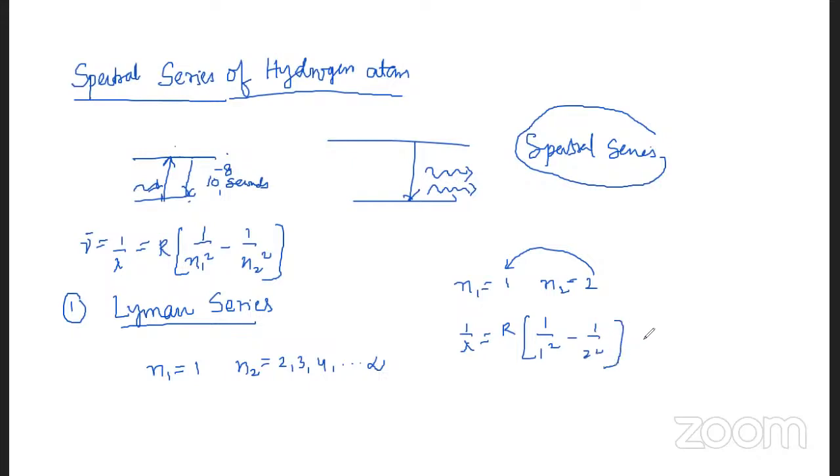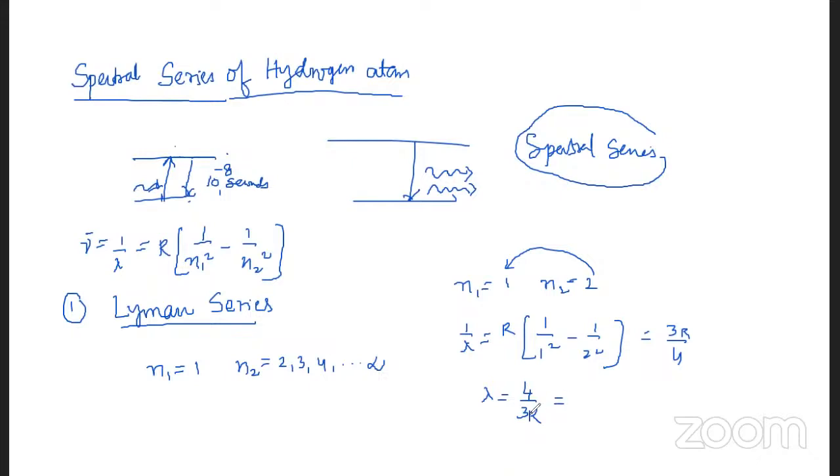Taking the LCM, we get 3R by 4. That means lambda is equal to 4 by 3R.